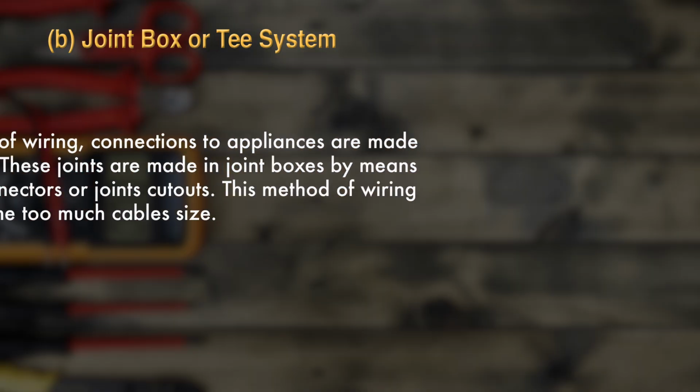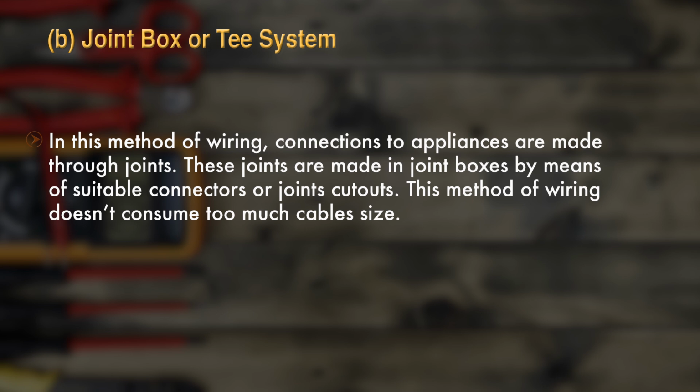Now we are going to discuss the joint box or T system of wiring. In this method of wiring, connections to the appliances are made through joints. These joints are made in joint boxes by means of suitable connectors or joint cutouts. This method of wiring doesn't consume too much cable.